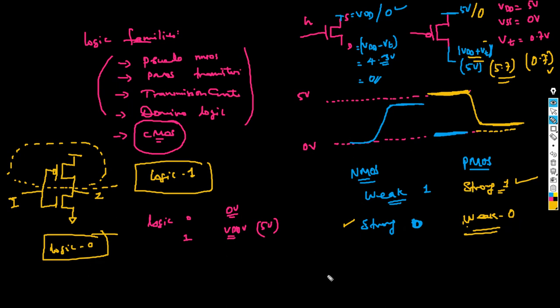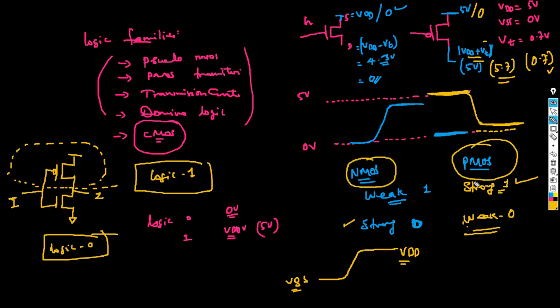I wanted to have exactly VSS to VDD, the desired signal. You get this desired signal when you add both PMOS and NMOS in the circuit, because PMOS gives you strong 1 and NMOS gives you strong 0, and that is the reason we use PMOS on the top and NMOS at the bottom.